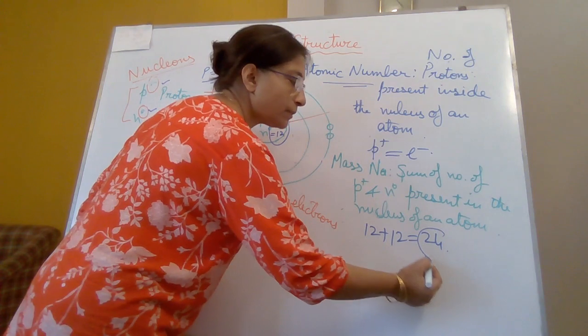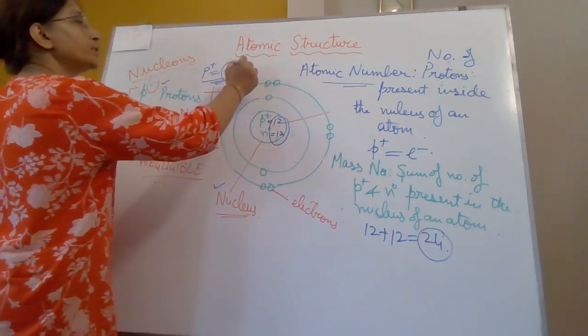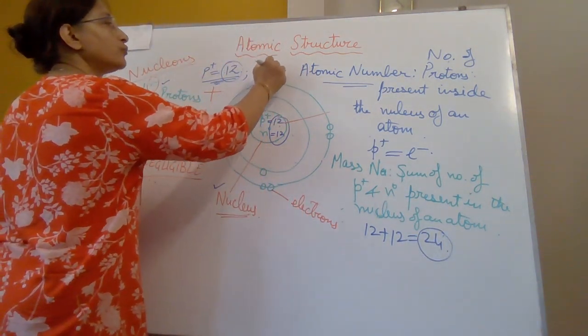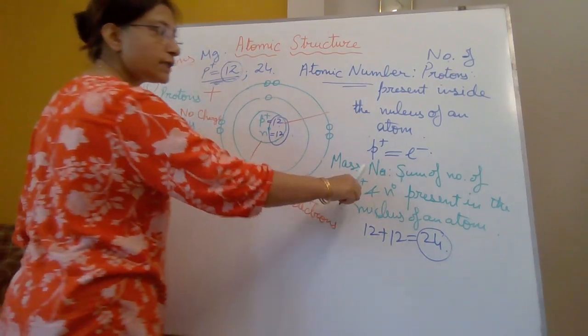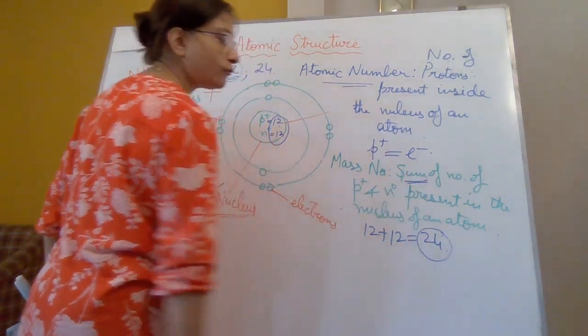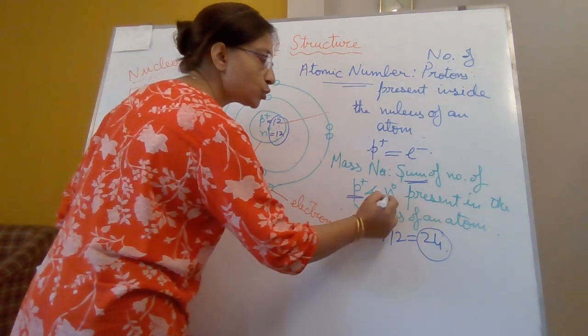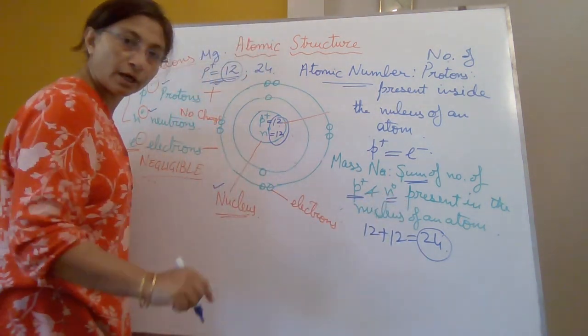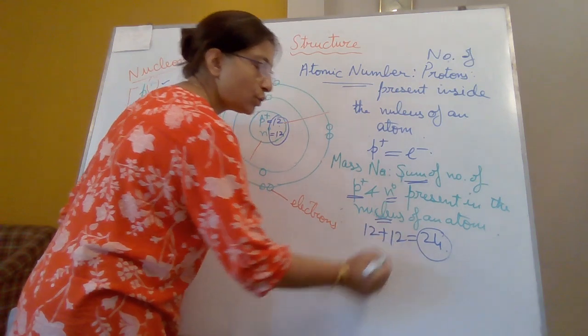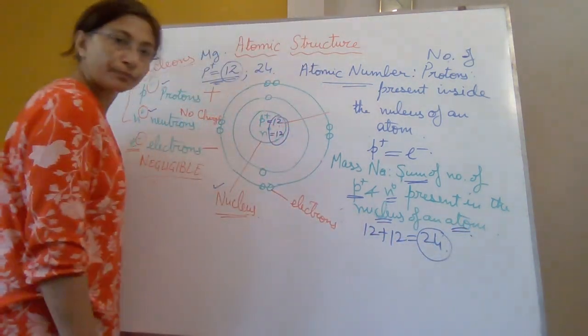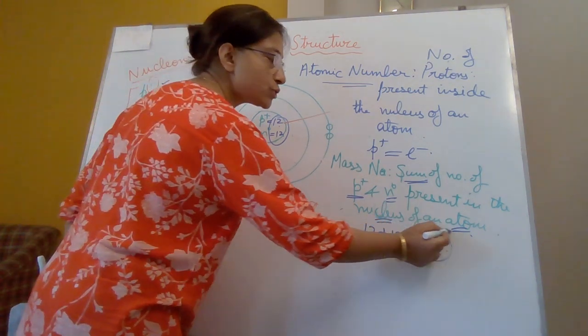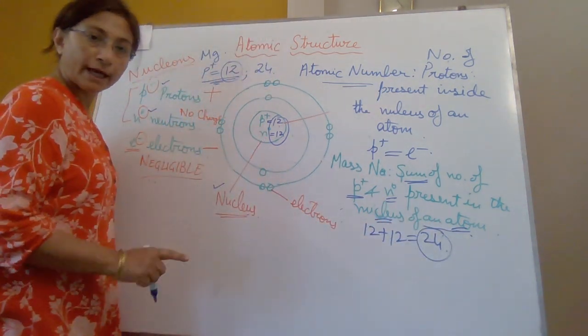That means here the mass number of magnesium is going to be 24. Okay, so it is the sum of the number of protons and neutrons. Where are they? Inside the nucleus. Of which nucleus? Of a particular atom, right? So do not forget to write this, of an atom.